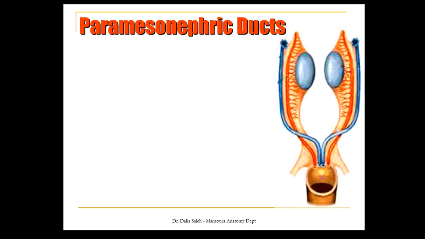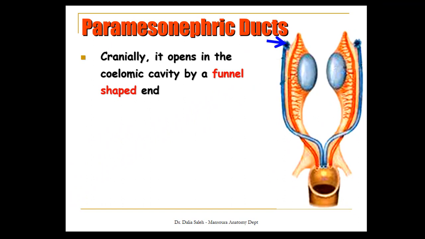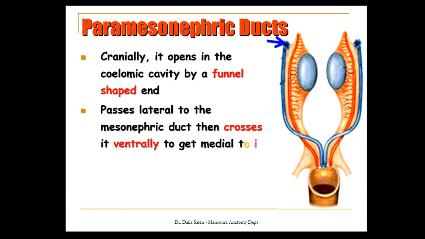Each paramesonephric duct opens cranially by a funnel-shaped end into the coelomic cavity. Then each duct passes lateral to the mesonephric duct, then crosses it ventrally to get medial to it, and eventually opens in the posterior wall of the urogenital sinus in a projection called the Mullerian tubercle.